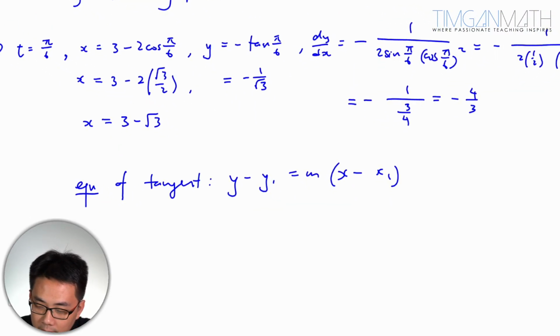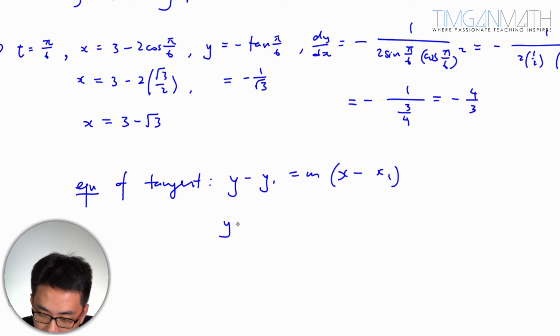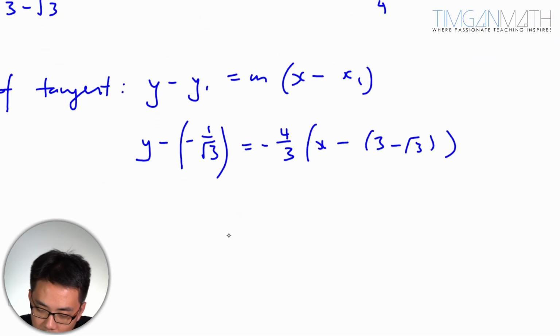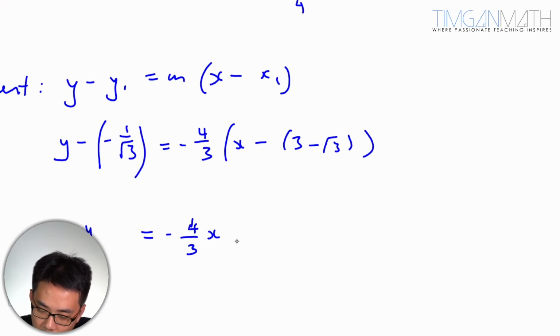The equation of the line will be y minus negative 1 over root 3 equals negative 4 over 3 times x minus 3 minus root 3.